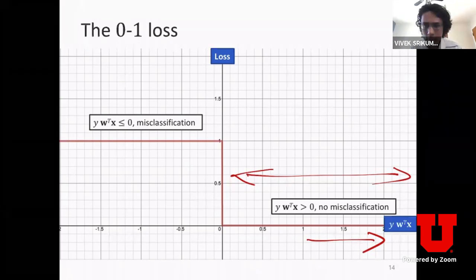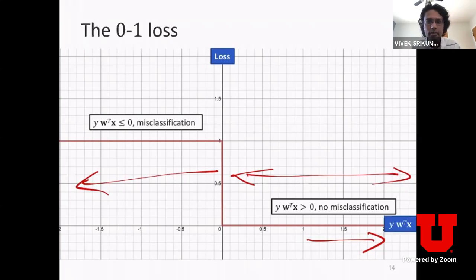If, on the other hand, y W transpose X is negative, then either y is positive and W transpose X is negative, or y is negative and W transpose X is positive. Either way, they disagree, which means a point is taken away. So the 0-1 loss becomes 1 on the negative side of this plane.